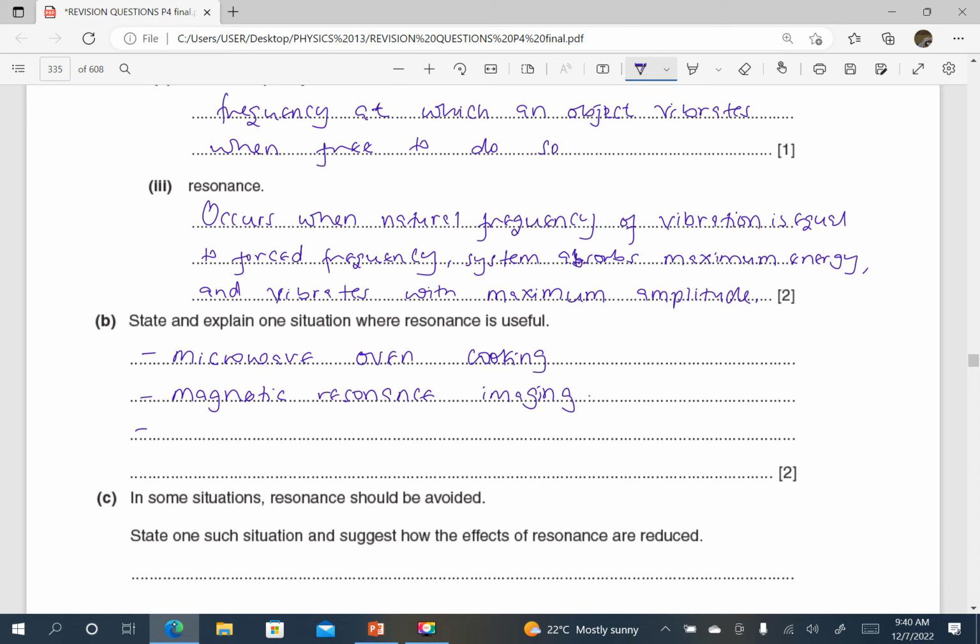So resonance is used in vibration of quartz, vibration of the quartz or piezoelectric crystal.